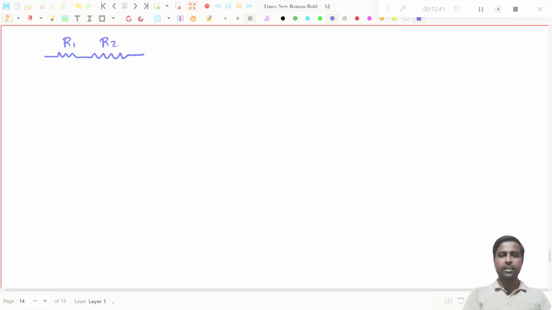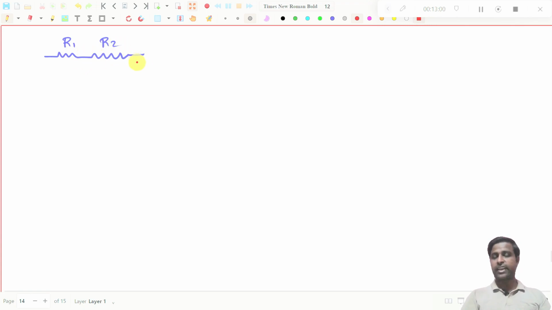Now you see, if two resistors are connected like this, we have two ends for each resistor, right? For R1 this is the first end and this is the second end, and for R2 this is the first end and this is the second end.